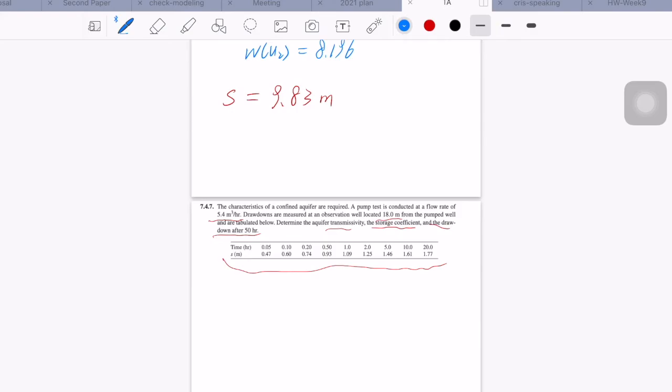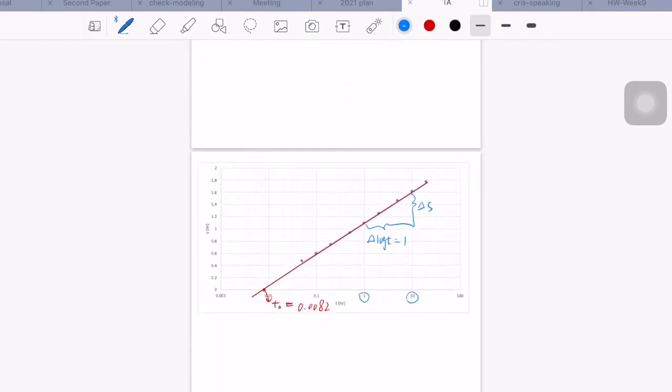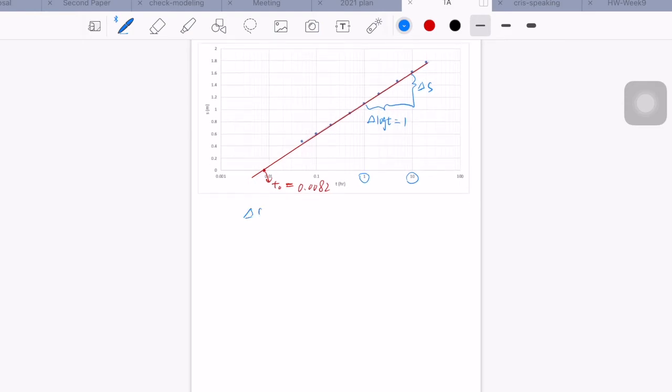And from this table, we can determine that the delta s should be equal to 1.61 meters minus 1.09 meters. So it is 0.52 meters.